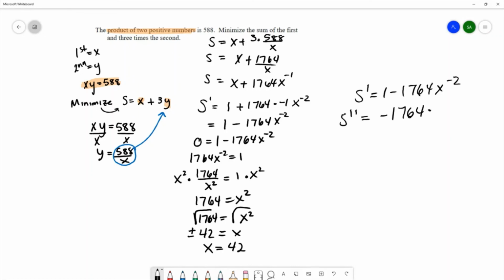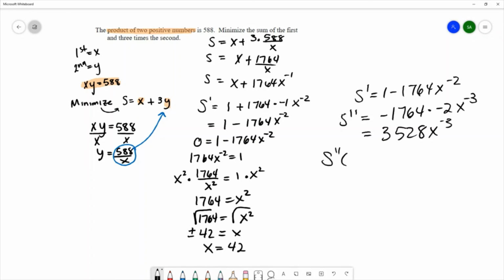The derivative of x to the negative 2 is negative 2 x to the negative 3. 2 times 1,764 is 3,528 x to the negative 3.